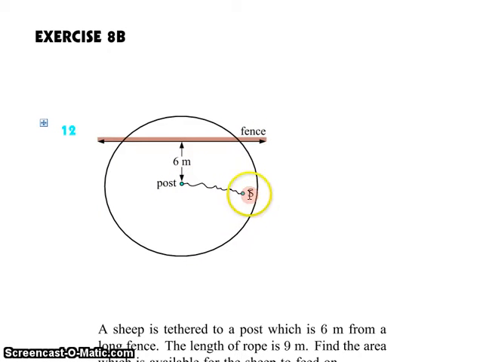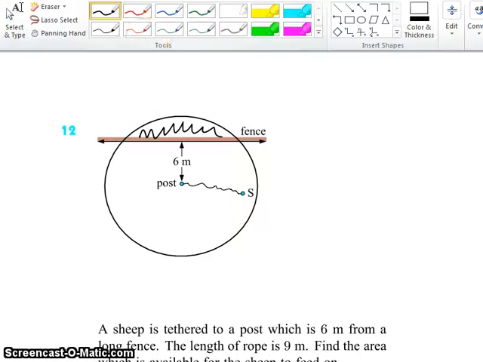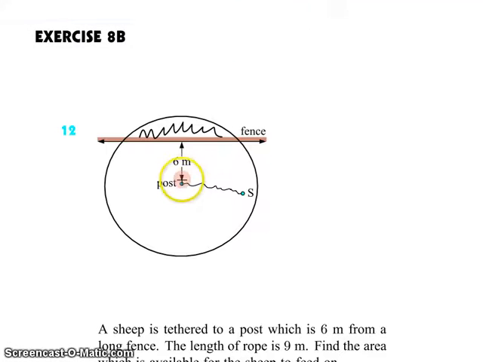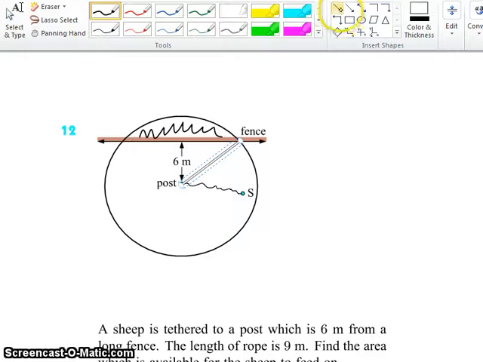So the sheep attached to the rope can only get as far as this circle, but also not across the fence. So they can't reach this space. There's a couple of key things in here, such as the distance from the post to the fence and the intersection of that region, and the same on the other side.